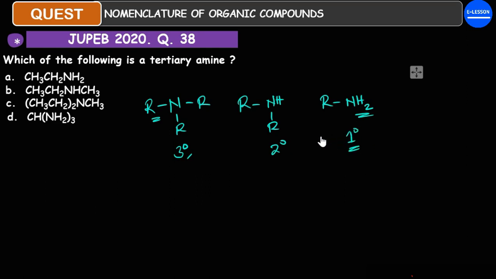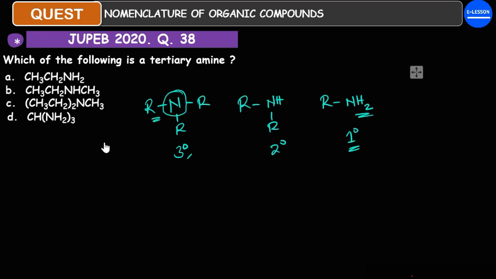So if you are asked which of the following is a tertiary amine, look at all the options given to you. The one that does not have hydrogen at all is the tertiary amine, the one that lacks hydrogen. Which of them actually lacks hydrogen?